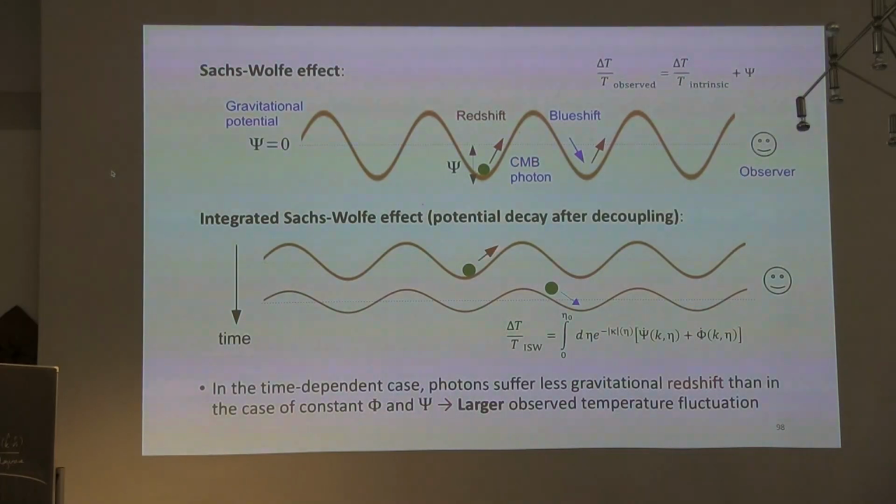So by the time it crosses this barrier and falls into the next potential well, the amount of blueshifting that the photon will suffer will be a little less than the amount of redshifting it suffered when it was trying to climb out in the first place. Therefore, in order to account for how much net redshifting or blueshifting your photon should have, you need to do this integral to sum over basically the entire history of how the potential has evolved. So that's the ISW effect.